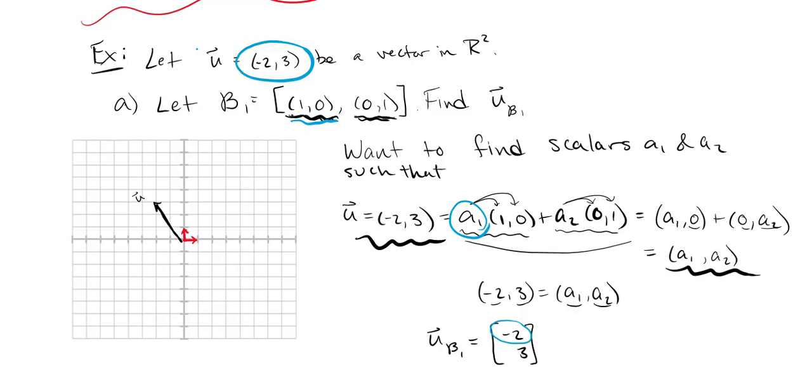So if I went negative 2 copies of that, that would not be forward in the horizontal direction given by that red vector. That's backwards, 2 times as far. That's negative 2 times (1, 0).